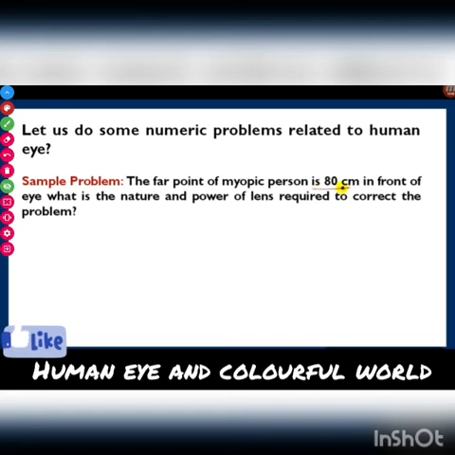So this means that the far point is 80 centimeter. And what is the nature and power of the lens?